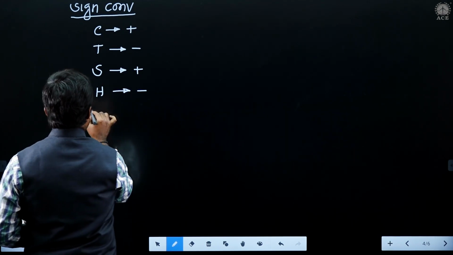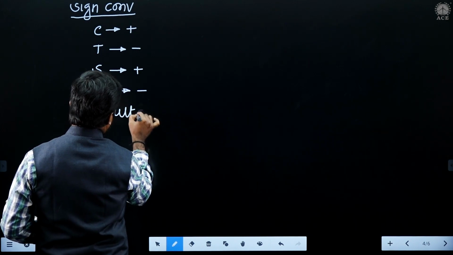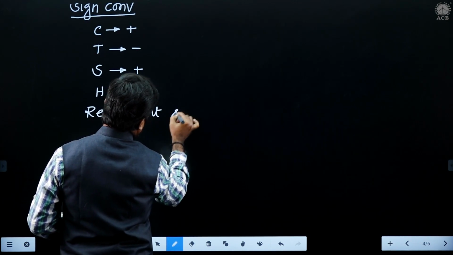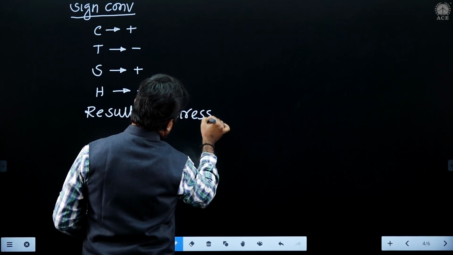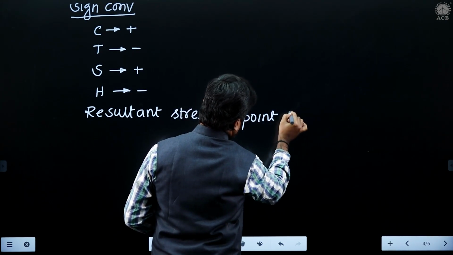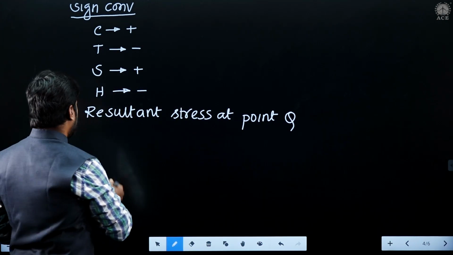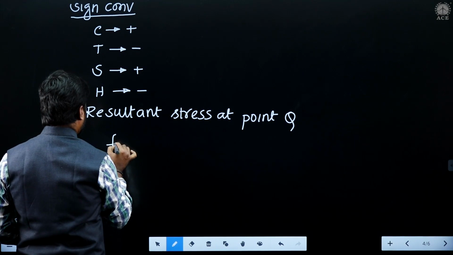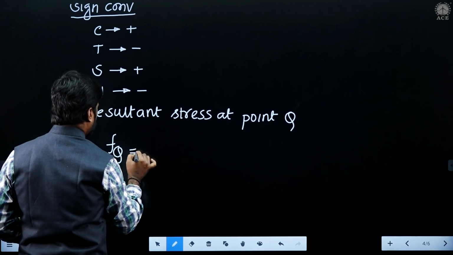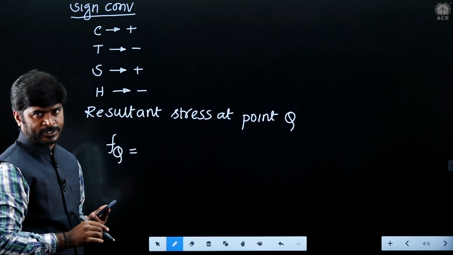We want resultant stress at point Q, that is FQ. Due to pre-stressing force, we will see first, okay.